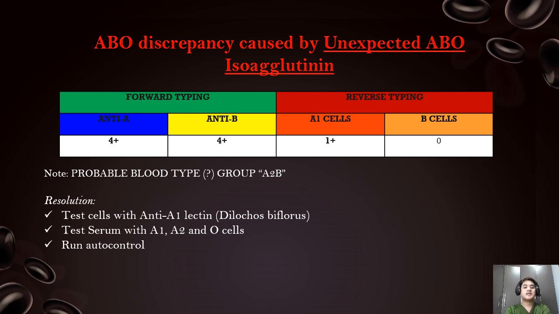So as you can notice, the main ABO detection hindrance here is the weak reaction on A1 cells in the reverse grouping.